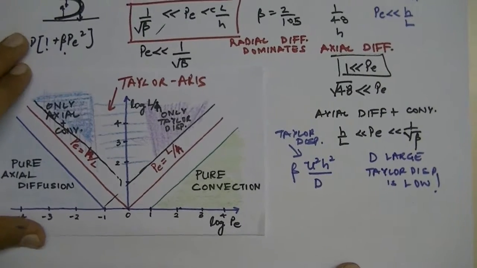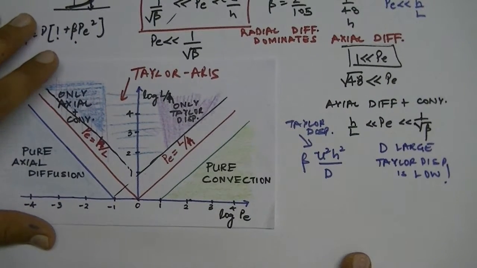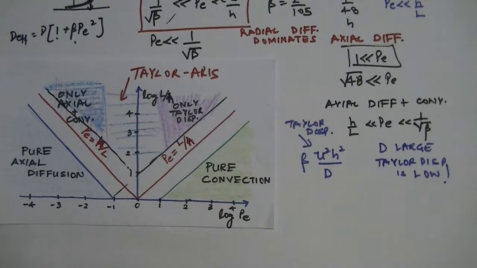Okay, that's something surprising, because we would expect that if diffusivity is high, we would get more broadening of the zone of the solute band, which is convecting or advecting. But this is something counterintuitive.